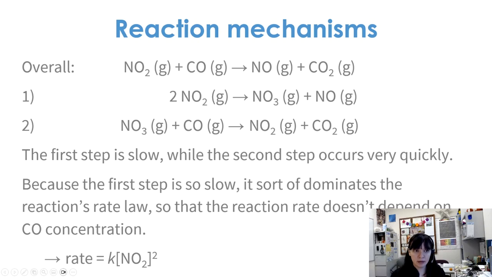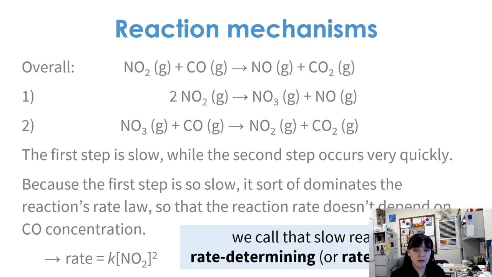So right, this rate law right here is technically the rate law of the first step. Because that first step is slow, it's going to decide what the rate is for the entire process overall. We refer to these slow steps as the rate determining or rate limiting steps, right? These are the elementary reactions that dictate and decide what the overall rate is of a reaction.